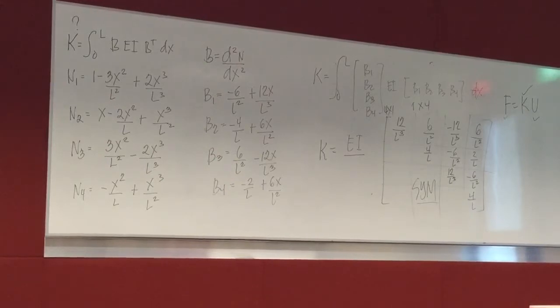Okay, so step by step, the question now is we want to get this one here. What we did first for the bar was we used the method of weighted residual, wherein we have your weak form plus the Galerkin method. We were able to get K equal to the volume integral of B transpose E B dV.